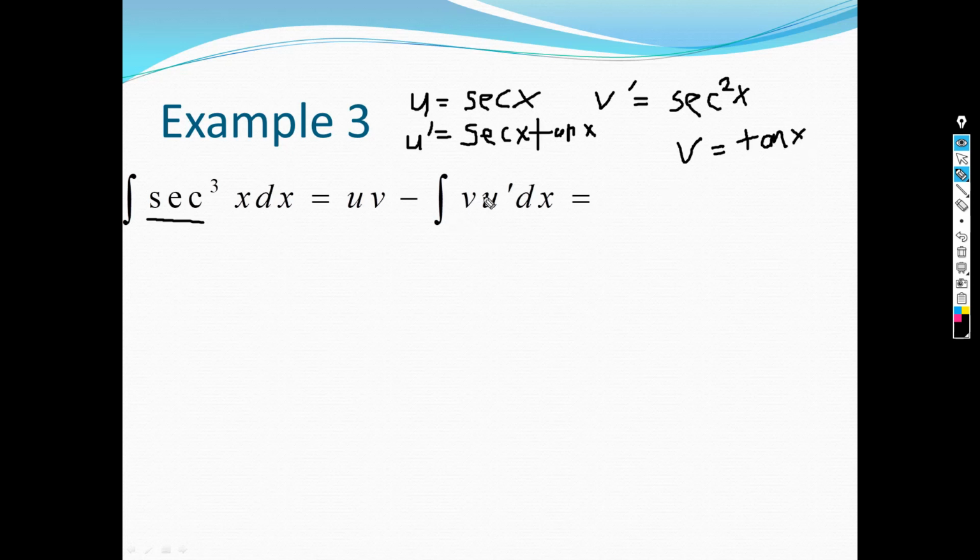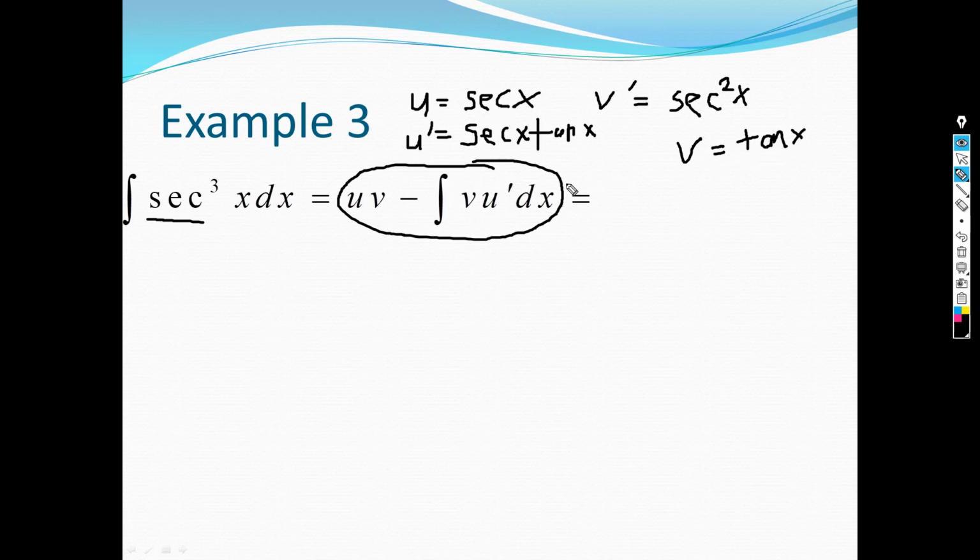Now once we have that, we simply make the substitution for u, v, and u prime in this formula right here. Okay, so the way this is written is secant cubed of x dx. There's no specific formula at this time to find the antiderivative, so we're hoping that this integral over here will be easier to integrate. Okay, so we make the substitutions. Where I have a u, I'm going to put secant of x. Where I have a v, I'm going to put tangent of x.